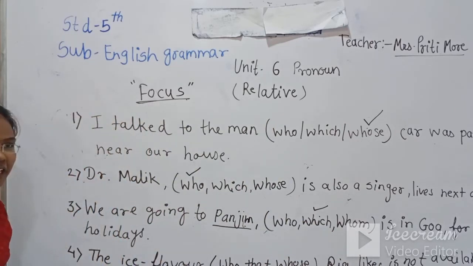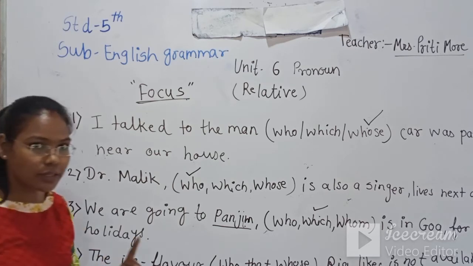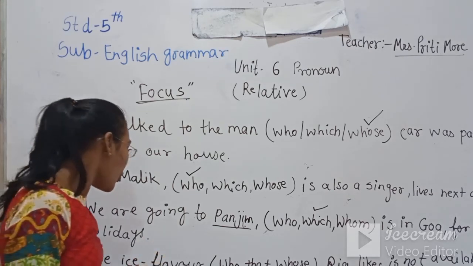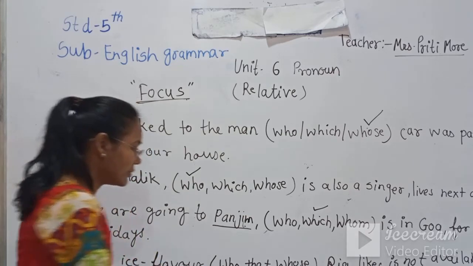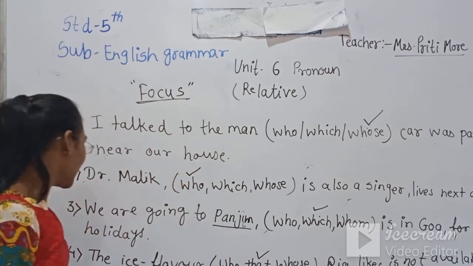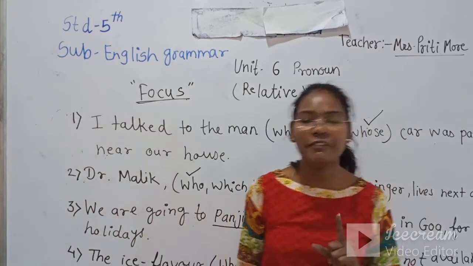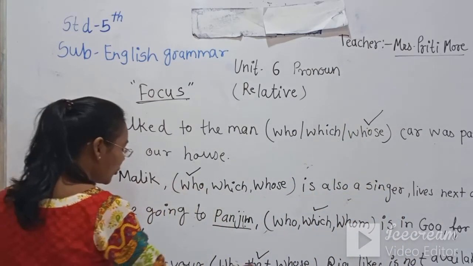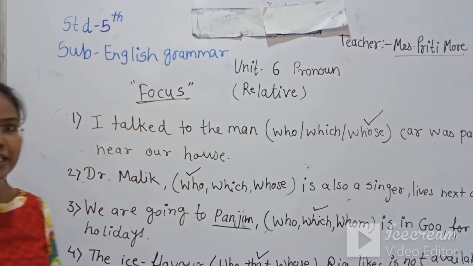Now here we are talking about the ice cream flavor. This is also obviously a non-living thing. So which relative pronoun is correct? That. The ice cream flavor that Riya likes is not available. So the correct relative pronoun is that. Please note down these four sentences in your notebook.